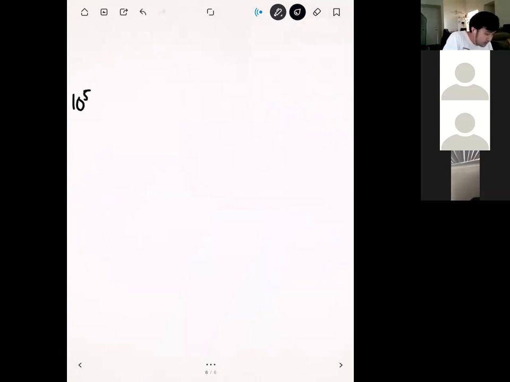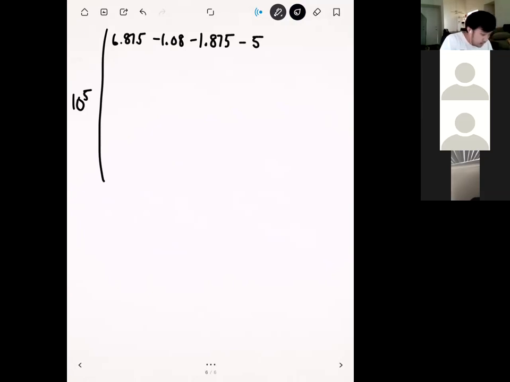Okay, so we have 10 to the 5th, and going across the first row, we have 6.875, minus 1.08, minus 1.875, minus 5, and then I missed one. Minus 1. Oh, this should be 1.08 and then minus 5. Okay.